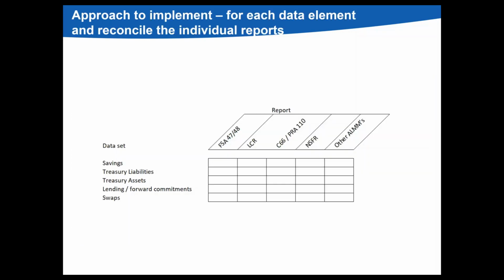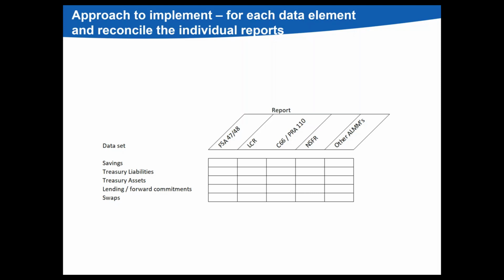In terms of our implementation process, really there are essentially three elements of data that we need to populate these reports. And in terms of going through a process for populating the reports, our implementation process, or customers that are just wanting to update the liquidity module, it's useful to do that in data section by data section.